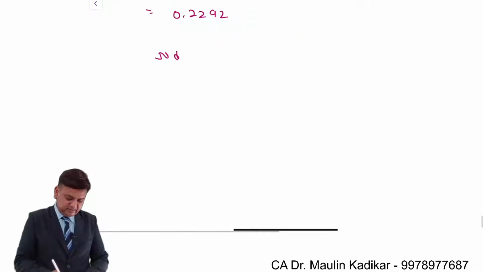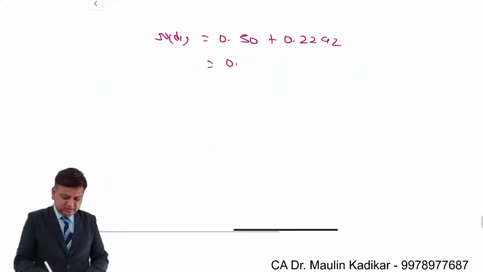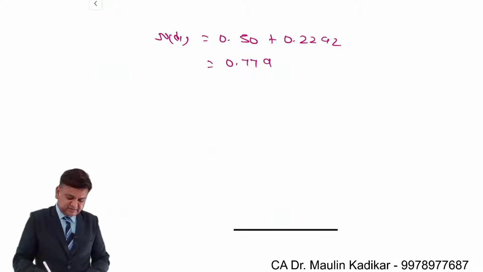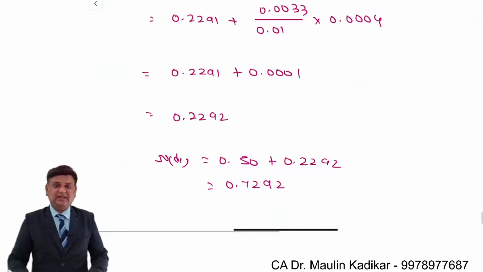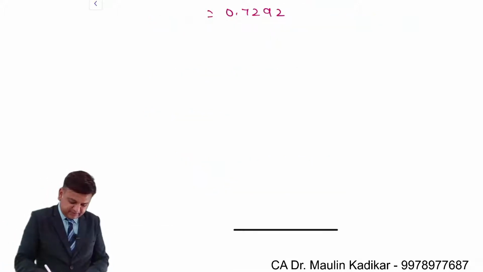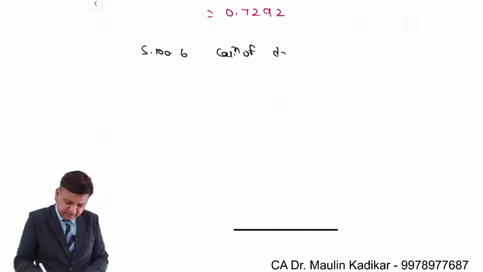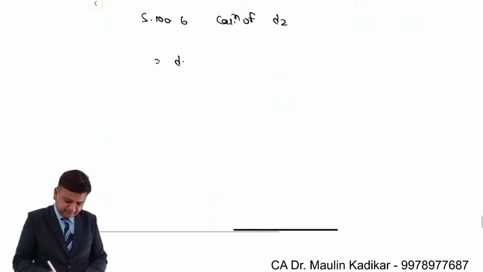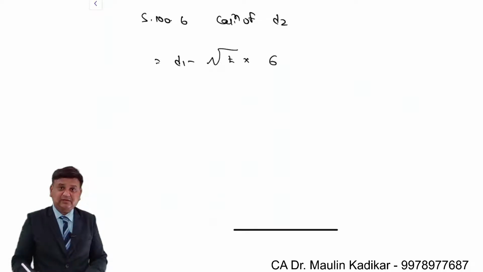Now ND1 is equal to 0.5 plus 0.2292, that is 0.7292. That is the way ND1 will be found. So step number 6. Calculation of D2. It is D1 minus under root of time period into standard deviation.